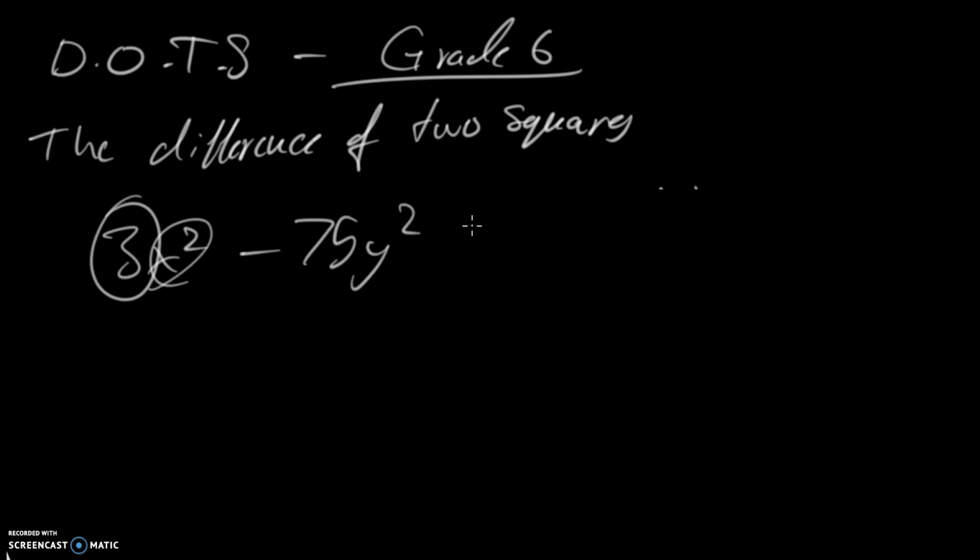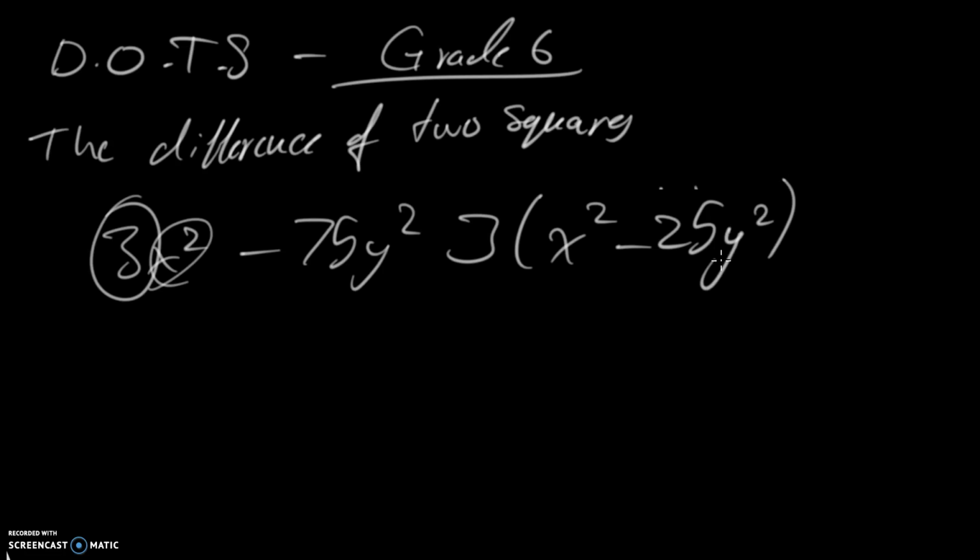So we just separate this and turn it into 3 brackets x squared minus 25y squared. Why did the 75 turn into 25? Because we divided 3x squared by 3, and we also divided 75y squared by 3, because we divide both of them to give us 3 brackets x squared minus 25y squared, close brackets.